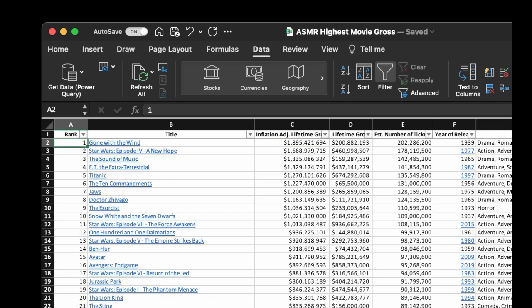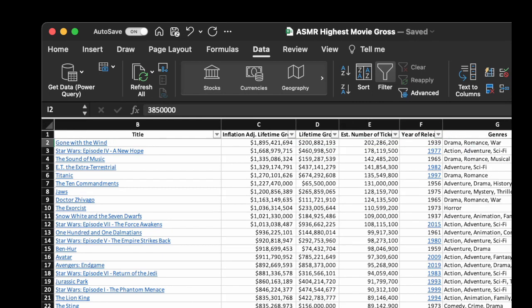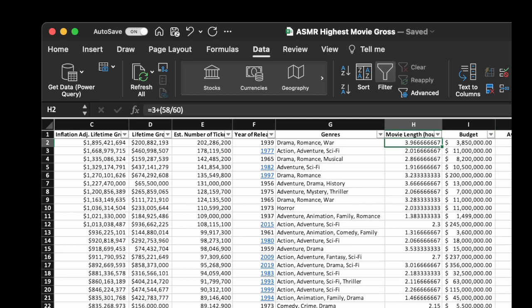So you have the rank, the title of the film, the inflation-adjusted lifetime gross, the lifetime gross unadjusted for inflation, the estimated number of tickets sold, year released, the genres of the film, movie length, and again this is in hours, so Gone with the Wind was 3 hours and 58 minutes.